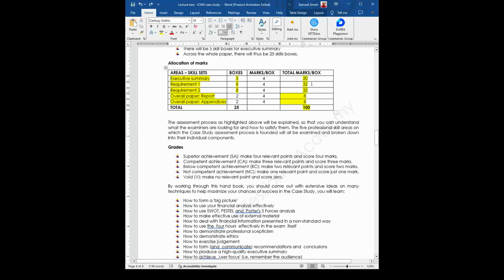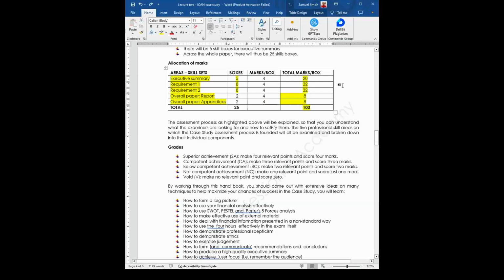Because they only manage to do this, I want to assume this kind of student did not attend this kind of lecture and does not know that there is a need for him or her to do certain things. So the student did not even know that there are 8 skills that he or she must demonstrate under requirement 1, and as such did not score much.